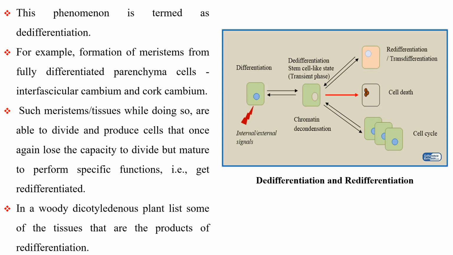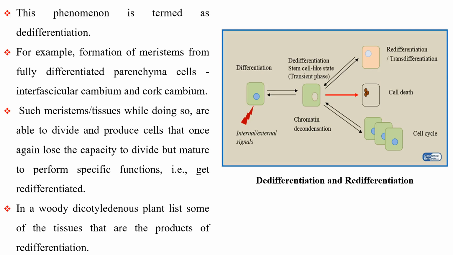For example, formation of meristems from fully differentiated parenchyma cells, interfascicular cambium and cork cambium. Such meristems or tissues, while doing so, are able to divide and produce cells that once again lose the capacity to divide but mature to perform specific functions, that is, get redifferentiated.